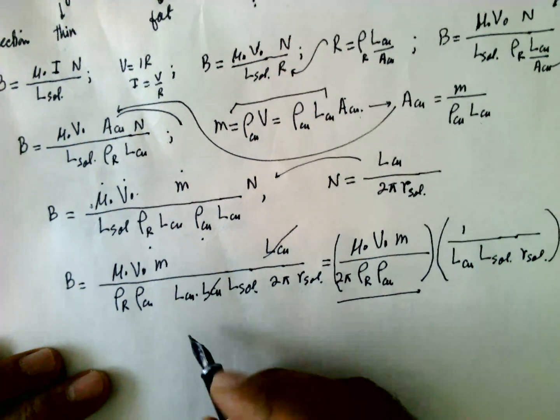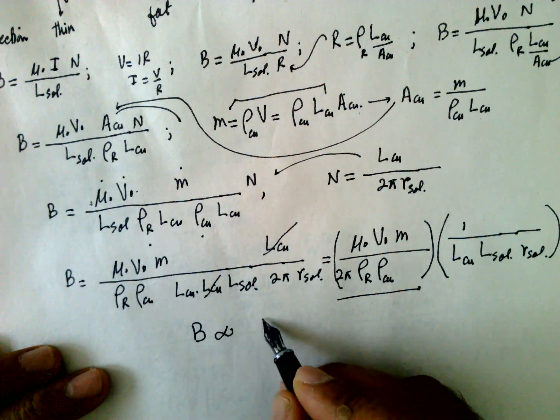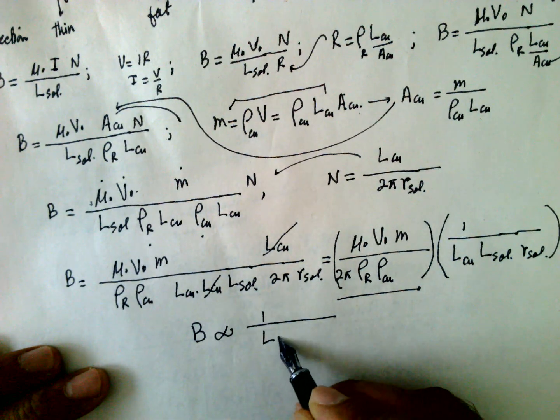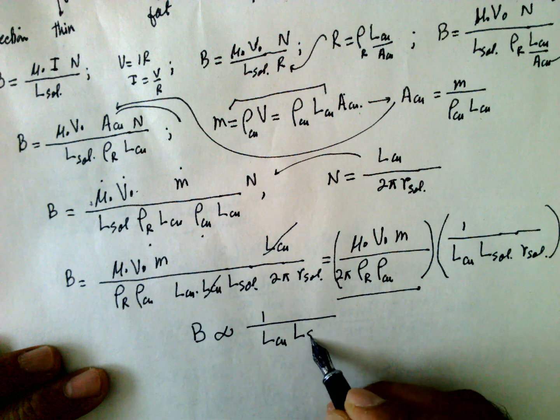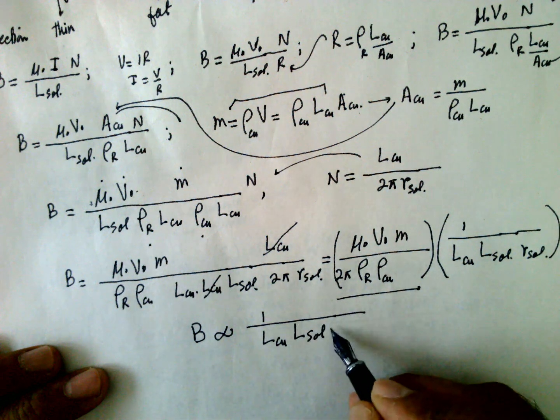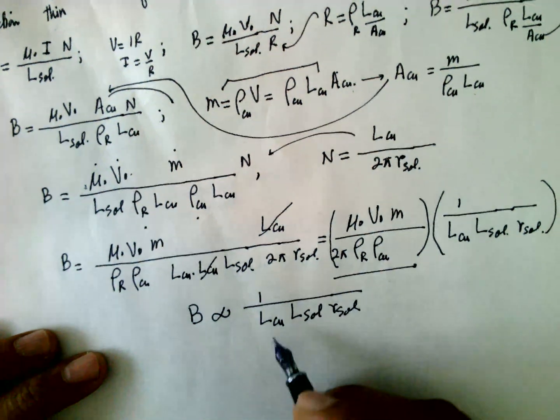This is constant. So B is proportional to 1 over L copper, L solenoid, R solenoid.